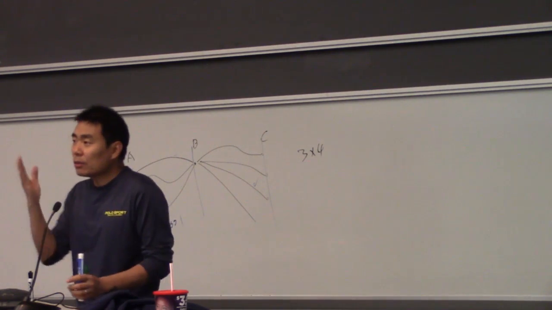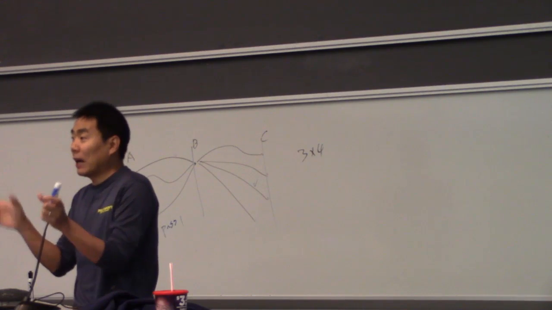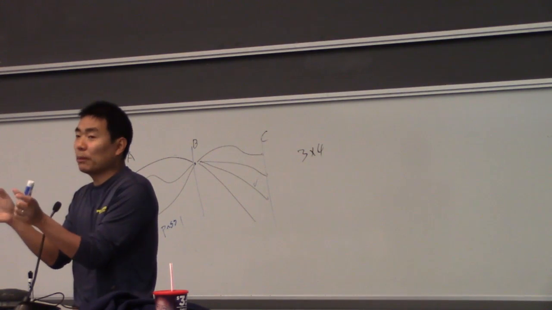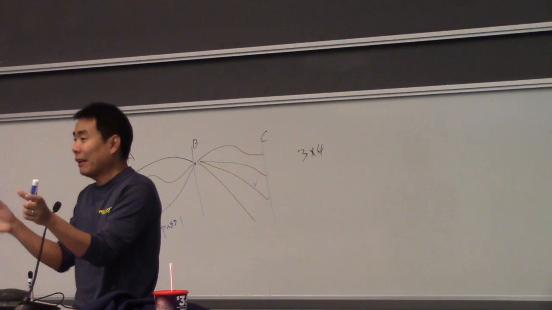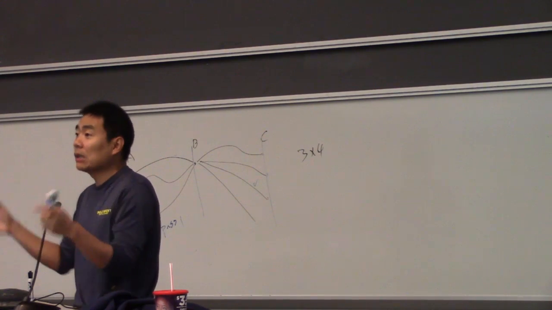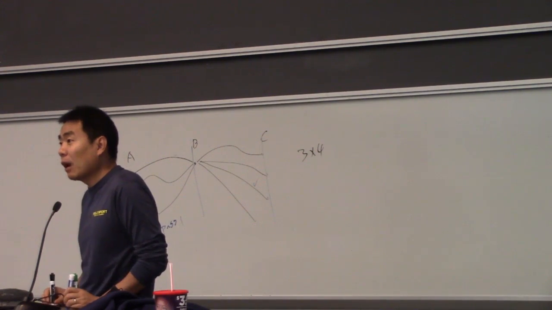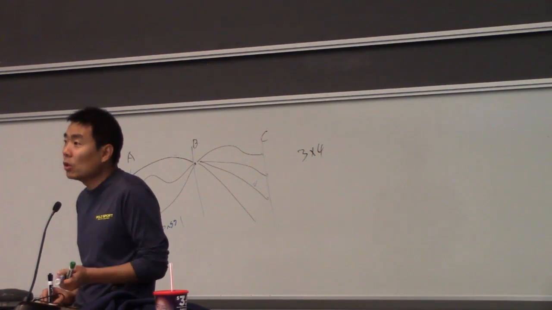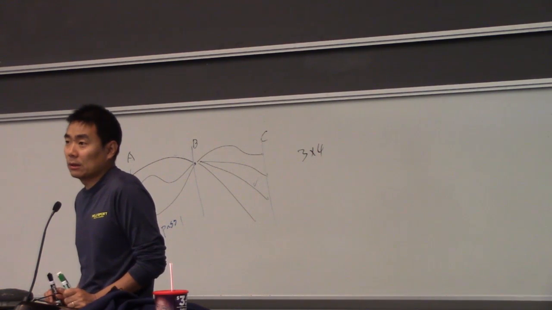Of course, in the shortest path example, this is not necessarily a good example. Local optimal actually leads to global optimal because you simply add up the distance. The shortest path from the first one plus the shortest path from the second does give you the global shortest path. But this may not be true all the time. Your local optimal choice might not lead to the global optimal choice.